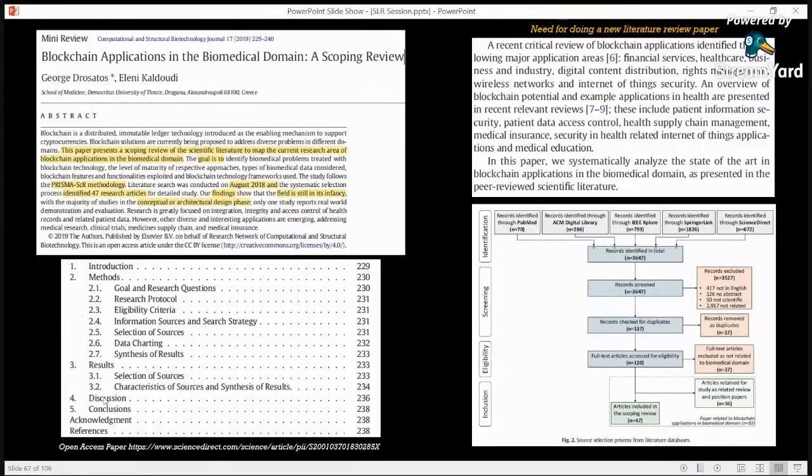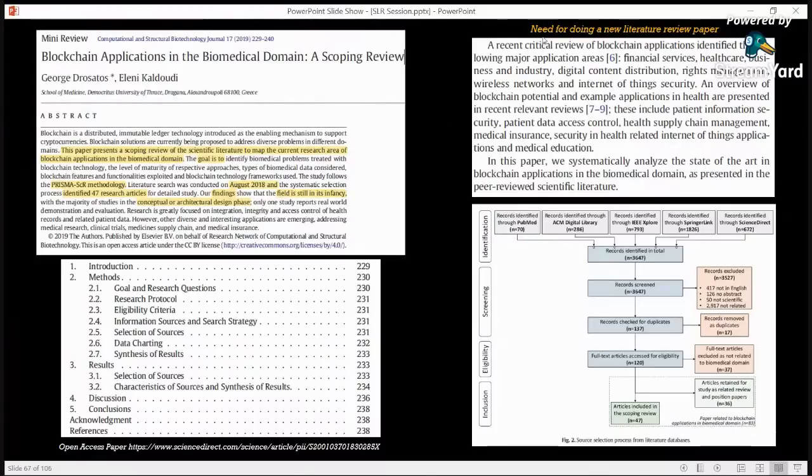If you look at the structure of this paper, the table of contents for that matter, they have a section on introduction, methodology or methods, results, discussion, conclusion. And within the methods, you can see these points, which are the ones that are mentioned in the Prisma guidelines.